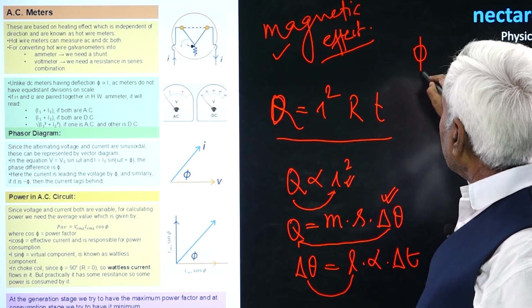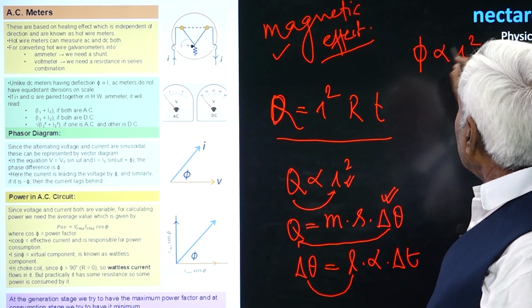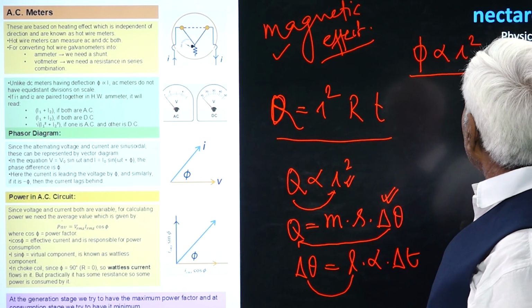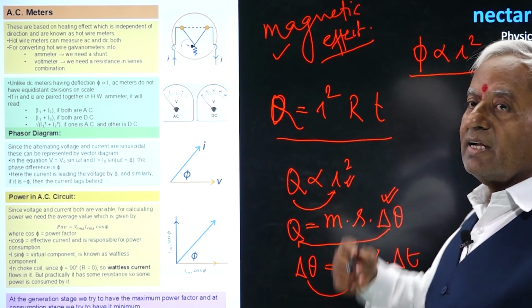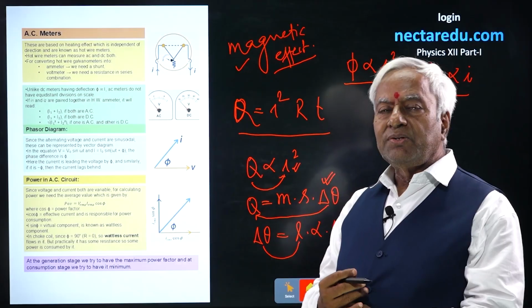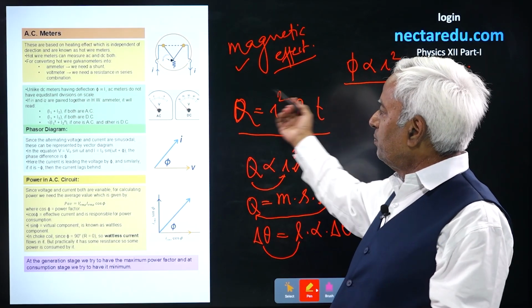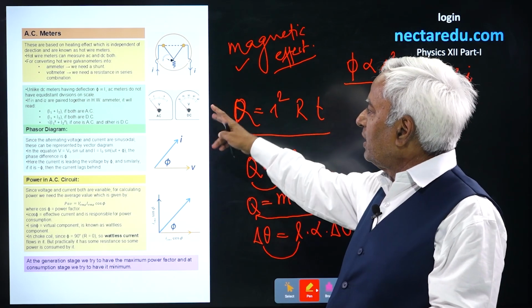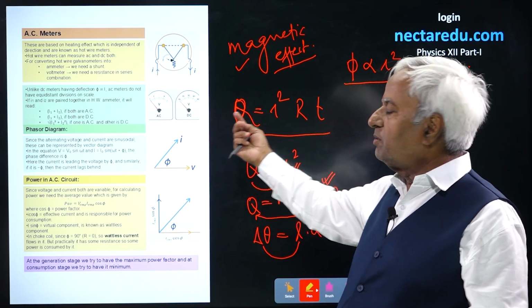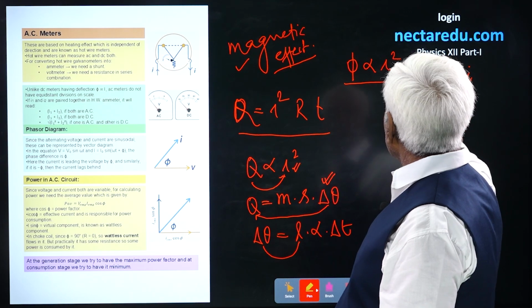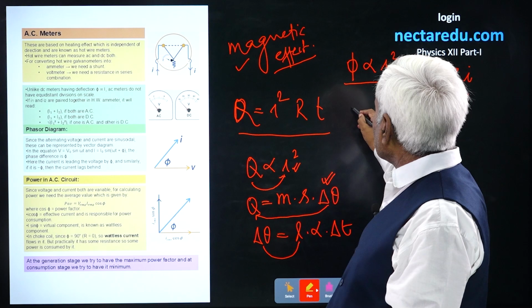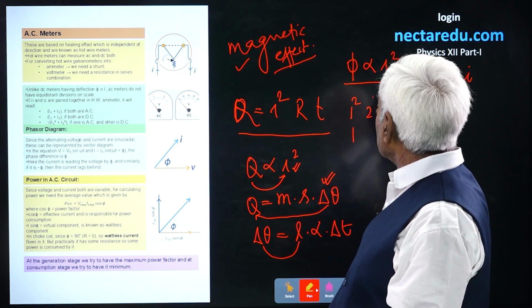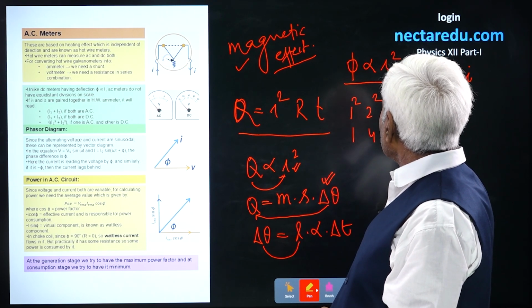So, you can say the deflection is proportional to square of the current, whereas in the case of DC meter, it was direct dependence on current only. That is the basic difference between the two meters, or you can say scale of the two meters. In DC meter, you are going to have the scale of equidistant divisions, whereas here 1 square, this is 1, 2 square, this is 4, 3 square, so 9.